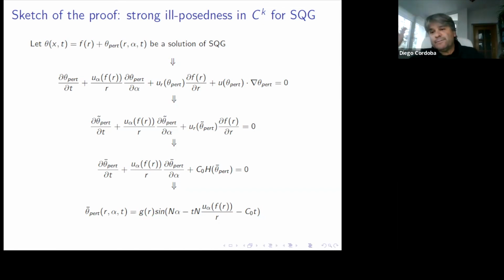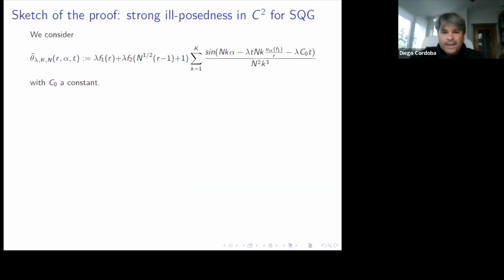And C sub 0, I'm going to actually take to be 1. Okay, so these are solutions of this equation, but this equation is linear, so I can add terms of this sort as many as I want. So I'm going to add K of them, capital K of them.